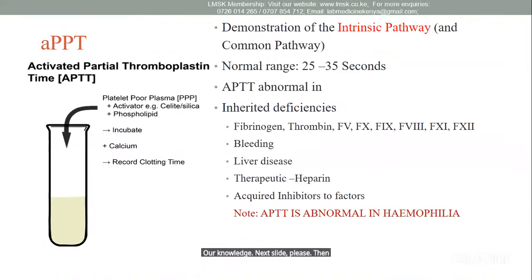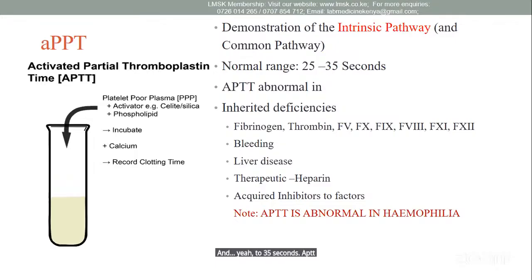Then how do we do it? It's a demonstration of the intrinsic pathway and common pathway, that is from factor 10 downwards. The normal range for APTT is 25 to 35 seconds.